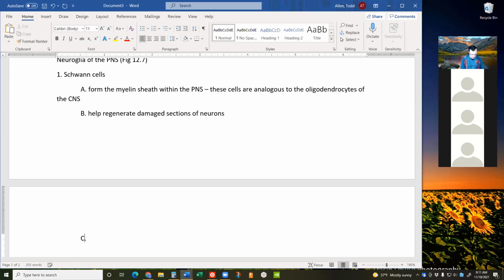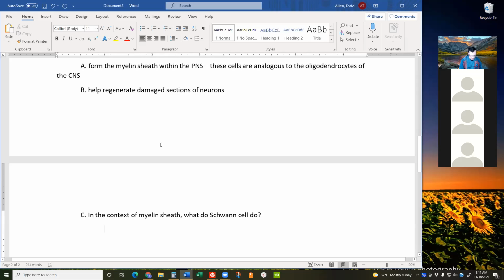Okay. In the context of myelin sheath, let's talk about this. In the context of myelin sheath, what do Schwann cells do? Another way of phrasing my question is, what is the function of myelin sheath here?